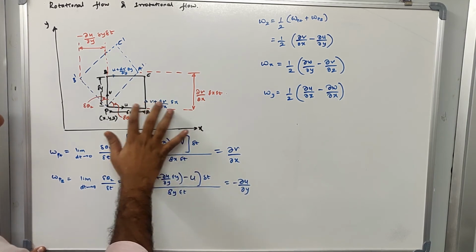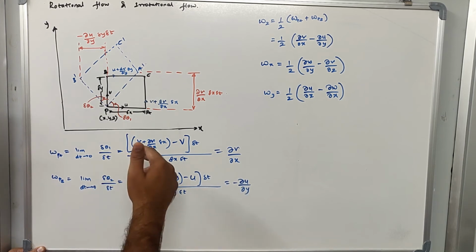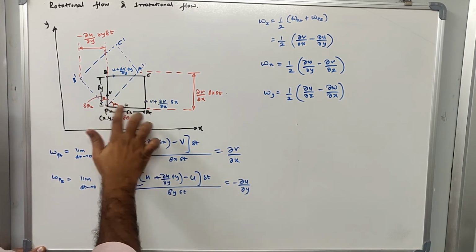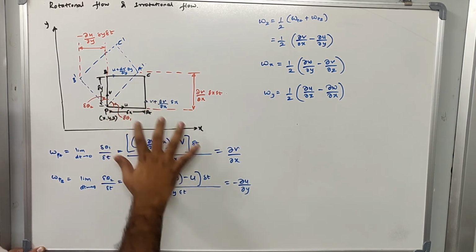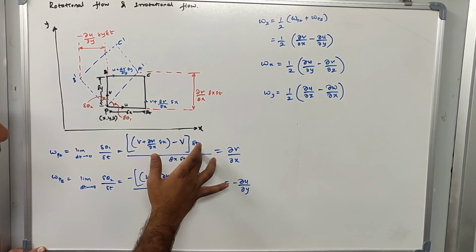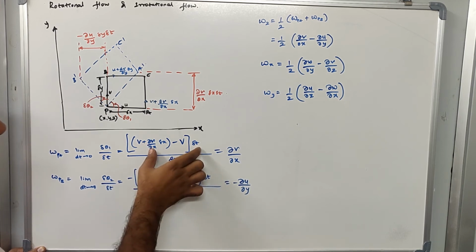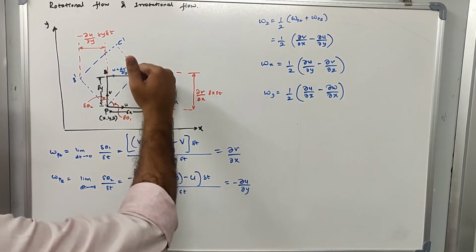If I take the difference of these two, it gives the change of velocity from P to A. If I multiply by delta t, it gives the distance, that is, how much variation has taken place.